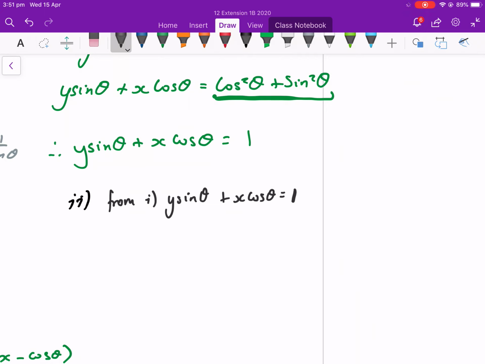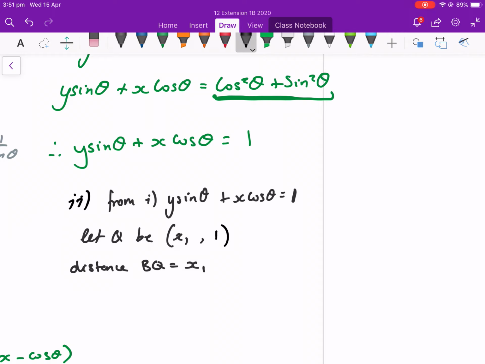Now, let Q be the point x1, y, and the distance of BQ is equal to the value of x1. Actually, Q is not the point x1, y, my mistake, sorry, it's x1, 1, okay? Let's sub these values into our equation.